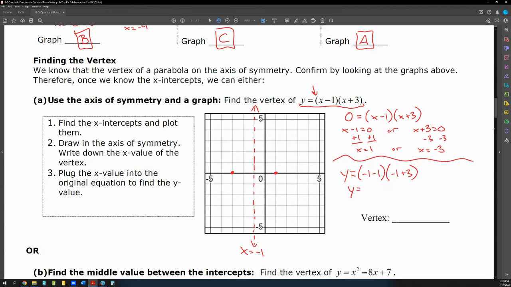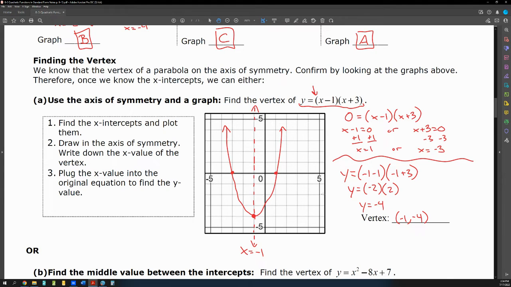And solving for y, we get y is equal to negative 2 times positive 2, or y is equal to negative 4. So the coordinates for our vertex are x equals negative 1, y equals negative 4. So we have (-1, -4) as the coordinates for our vertex. So we can go ahead and plot that point right here. We can use those 3 points to sketch the graph of this quadratic equation.